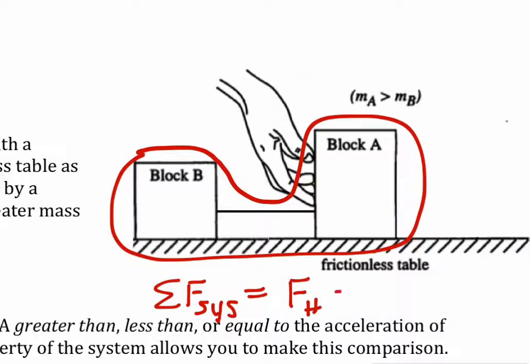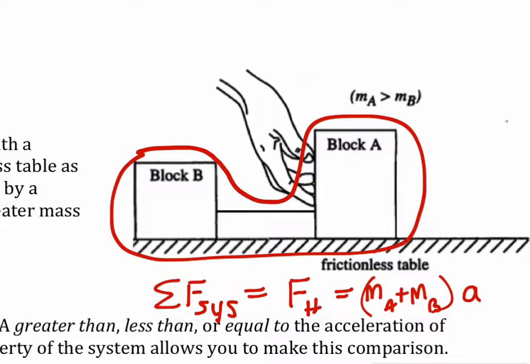That will be equal to the mass of the system, so in this case the mass of A plus the mass of B, the total system, times the acceleration. That gives us the acceleration for the entire system. And of course, since A and B move together, that's also the acceleration of A and B, and that's what makes this approach nice. We can solve it by simplifying.